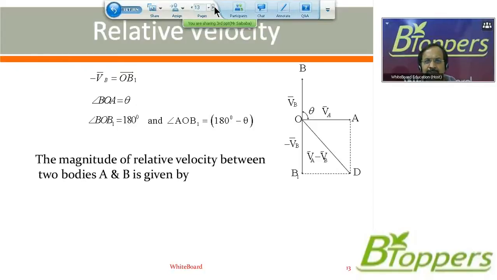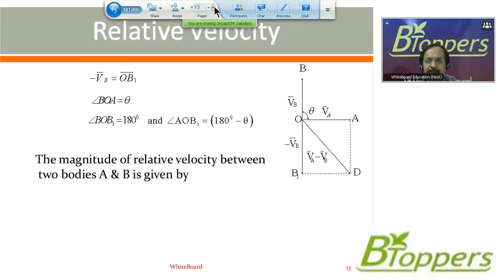That means it is the vector sum of the two vectors OA bar and OB1 bar, which is represented by OD bar. In the figure, theta is the angle between the two vectors VA bar and VB bar. 180 degrees minus theta is the angle between the vectors VA bar and minus VB bar. Modulus of vector minus VB bar is the same as modulus of vector VB bar, which is written as VB without the bar symbol.